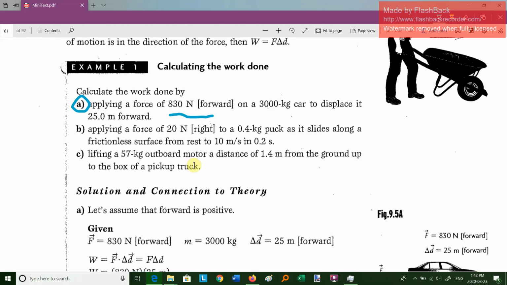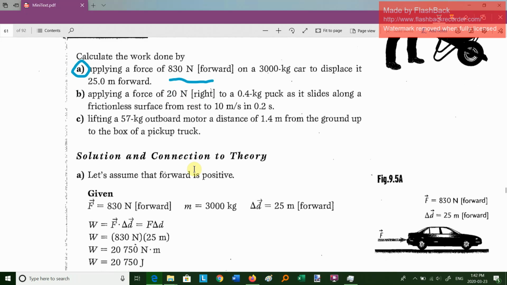And so I get F delta D, so that's going to be 830 times 25. Notice that I didn't even need to use the mass of the car. I already knew the force and I know the displacement, so multiply them together and I get the 20,750 joules that you see over here.